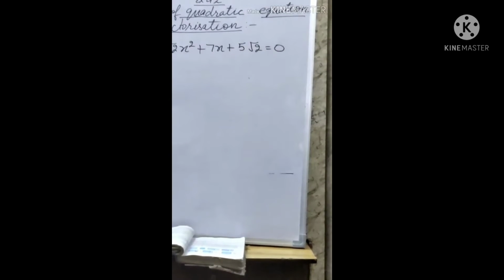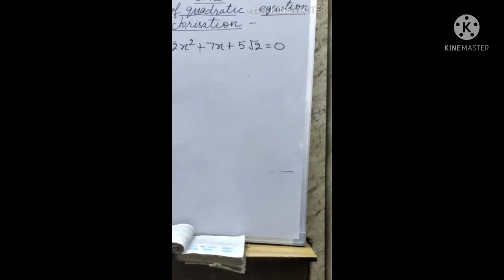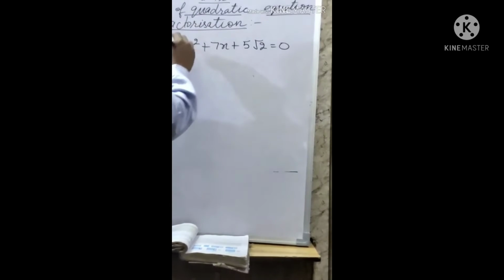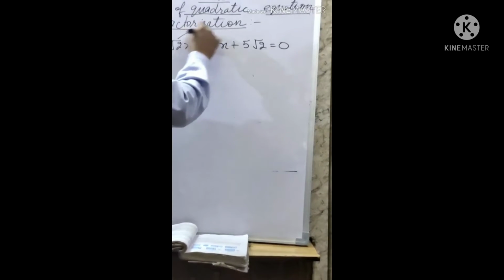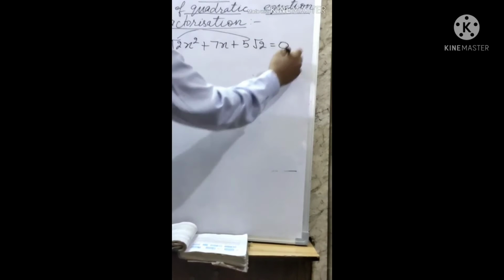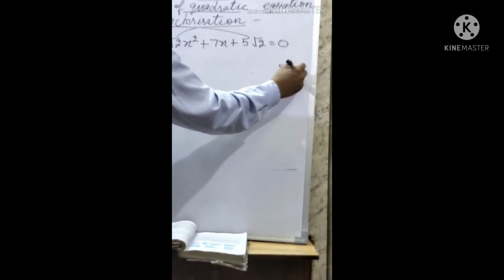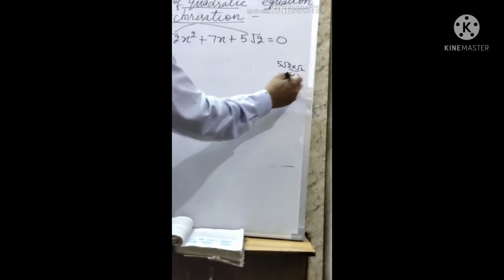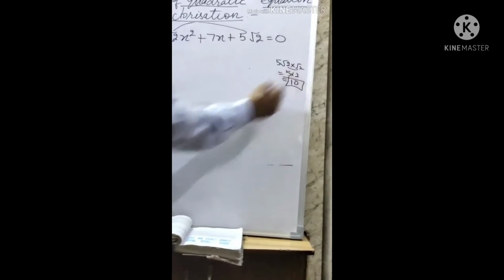So now how to find out the roots of this equation by the factorization method. Same method. First the first term and the last term you multiply. In this way, 5 root 2 multiplied by root 2 is root 2 times root 2, which is 2, and this gives 10.